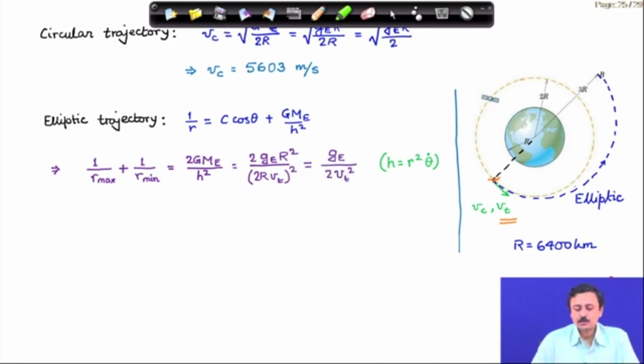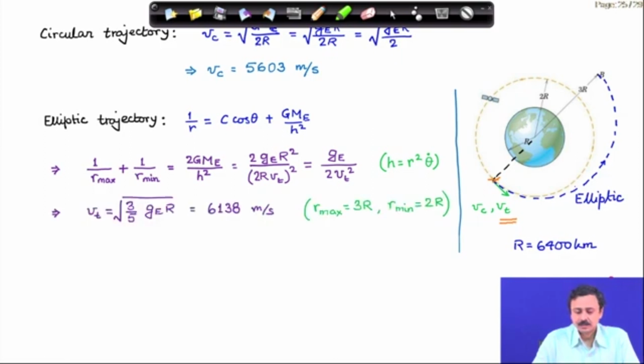Now, this simplifies to the acceleration due to gravity on the surface of the earth divided by 2 times the tangential speed at this point on the elliptic path. From here you can solve for the tangential speed.